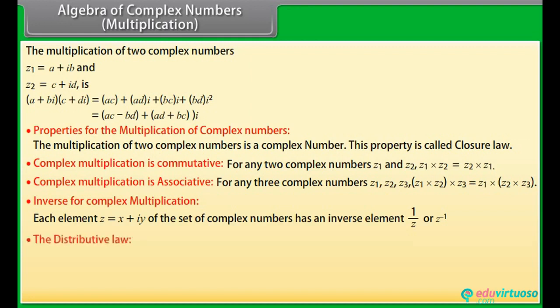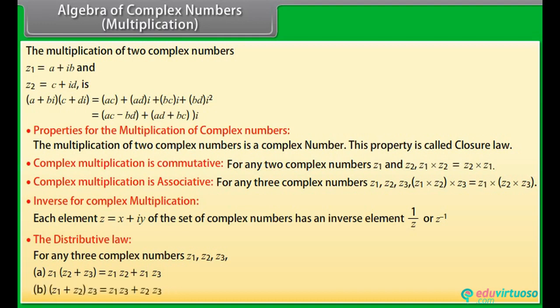The distributive law. For any three complex numbers Z1, Z2, Z3, Z1 into (Z2 plus Z3) is equal to Z1 into Z2 plus Z1 into Z3. (Z1 plus Z2) into Z3 is equal to Z1 into Z3 plus Z2 into Z3.